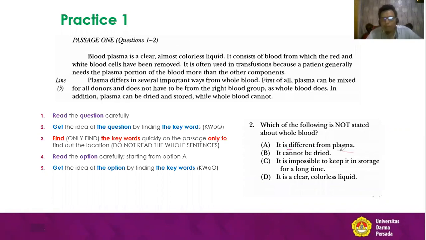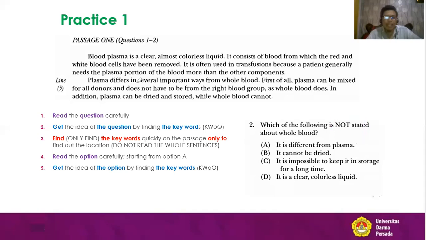Plasma differs from whole blood. Does it match? Yes, it matches. Because it matches, and the question is not, this is not the answer.